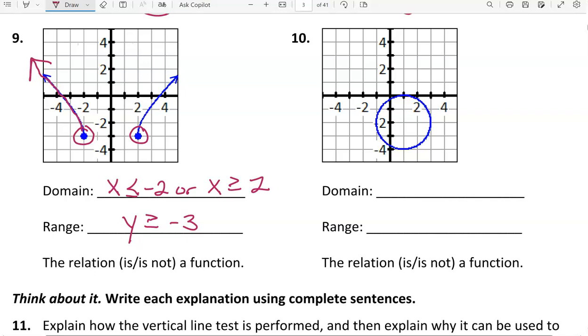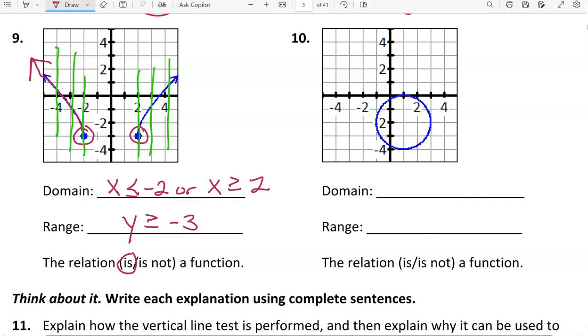This relation is a function because any vertical line that passes through the function will pass through one point only at a time. So this is a function, does pass the vertical line test.